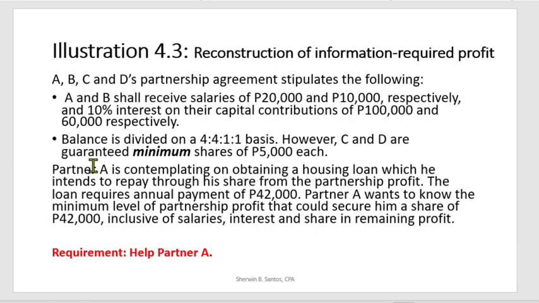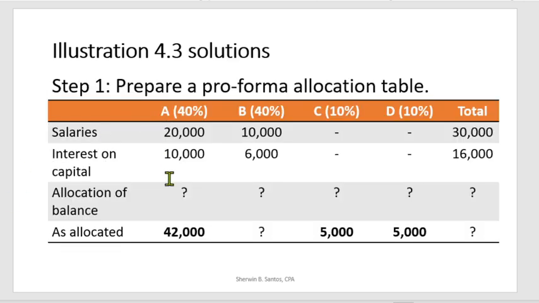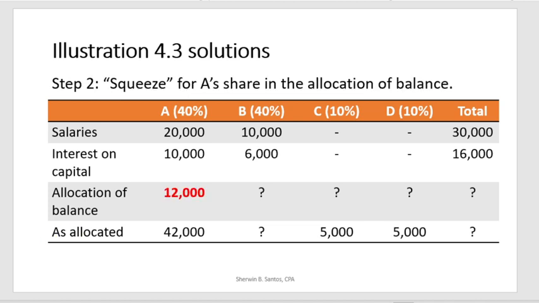Okay, next. Ano sabi dito? Yung 42,000. Gusto ni A 42,000 ng allocation sa kanya. Okay, so kung 42,000, na-prepare na natin, andito na lahat ng data na nandoon sa paragraphs kanina. Let us look at step 2. We squeeze for A's share in the allocation of the balance.